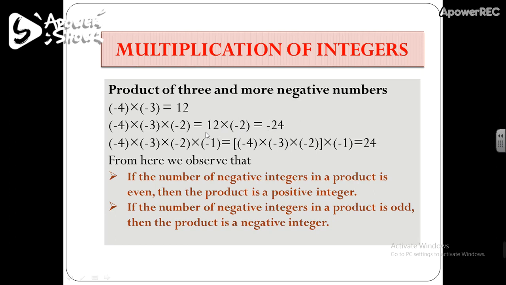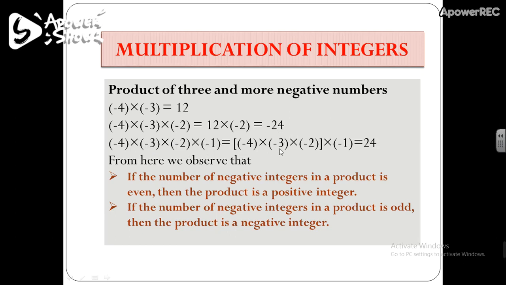Now let's multiply one more number to this product. So in the third example I am going to multiply minus 4 minus 3 minus 2, this product, by minus 1. So minus 4 multiplied by minus 3 multiplied by minus 2 multiplied by minus 1 equals, we have already calculated this product, so this product is minus 24.